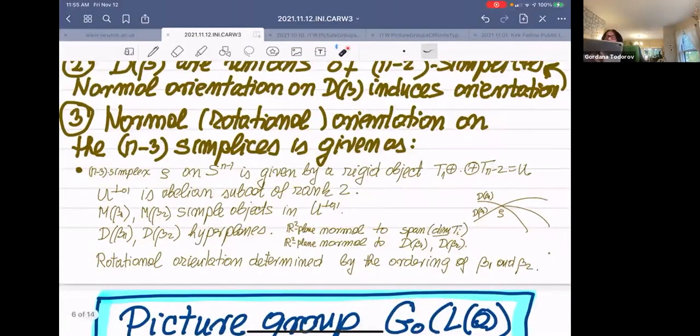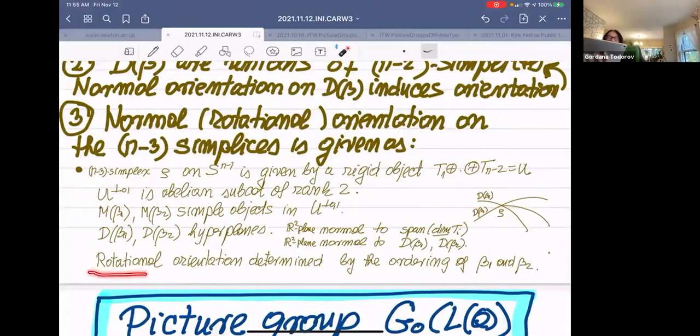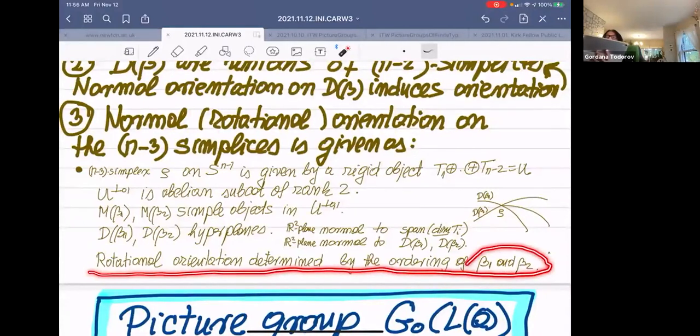Once we have that, we decide whether we want beta 1 first and then beta 2 second, which gives the orientation this way, or we decide the other way. So the rotational orientation is determined by the choice of ordering of beta 1 and beta 2, which are simple objects in the right perpendicular category to our rigid object.